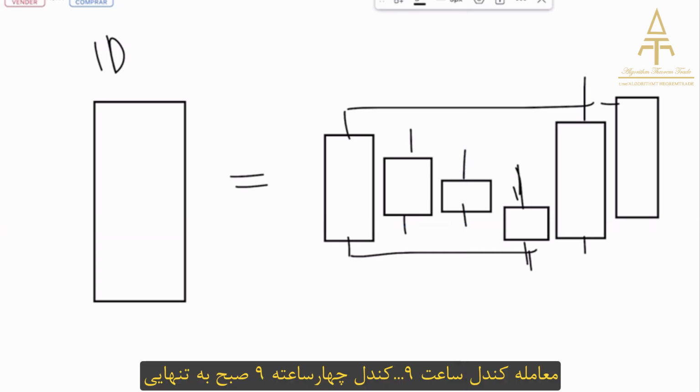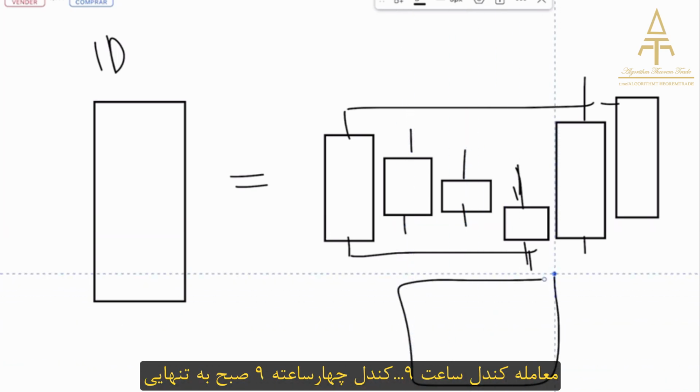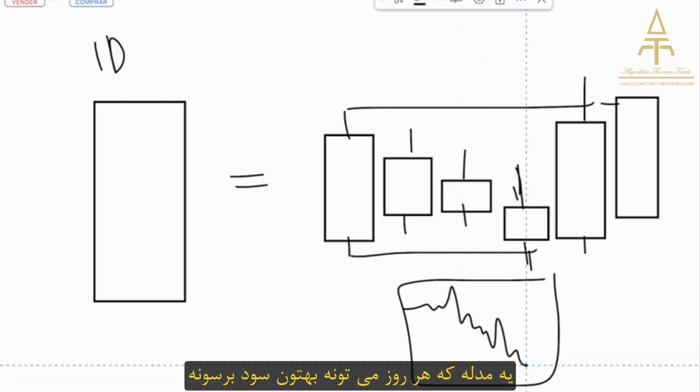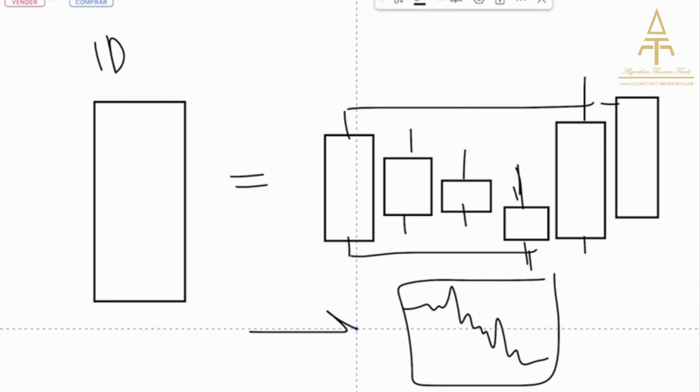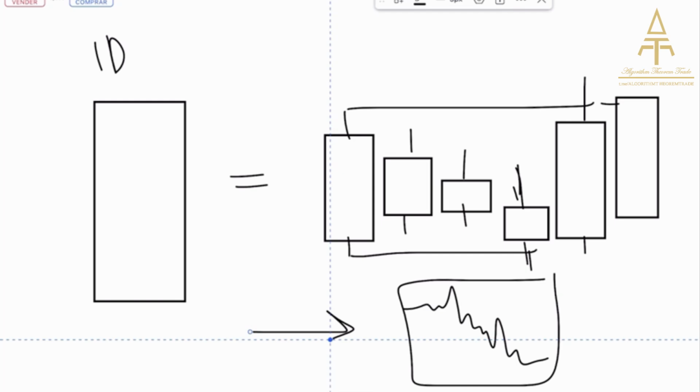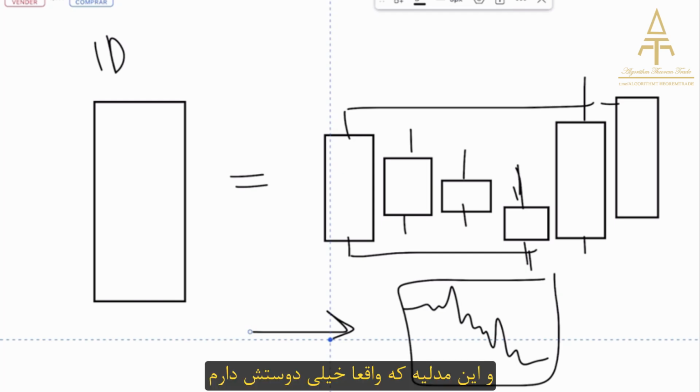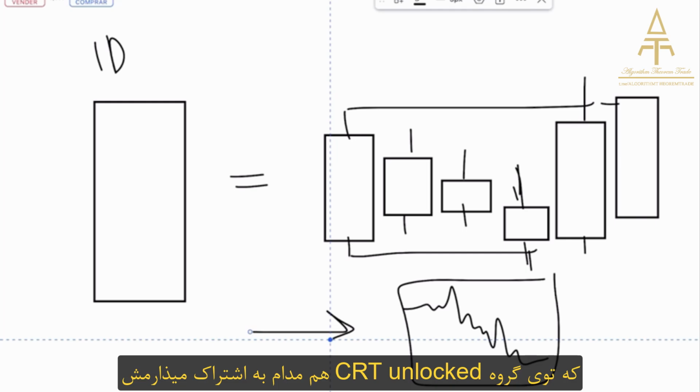Trading the 9 AM 4-hour candle alone is a model which is going to feed you every single day, and that's a model which is very dear to my heart, which I'll be sharing in the group chat of CRT Unlocked.